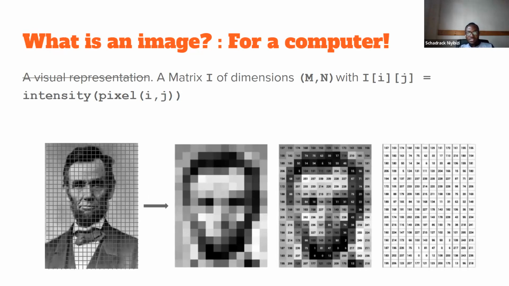You can see the image as a matrix of different numbers, and the matrix is in 2 dimensions, where M is the height of the image and N is the width of the image. The number at each index of this matrix is represented by the pixel at that index.